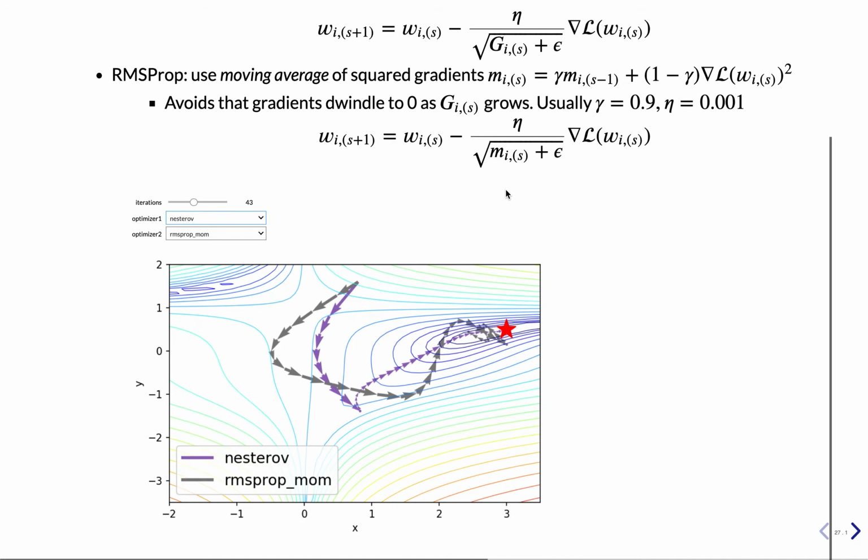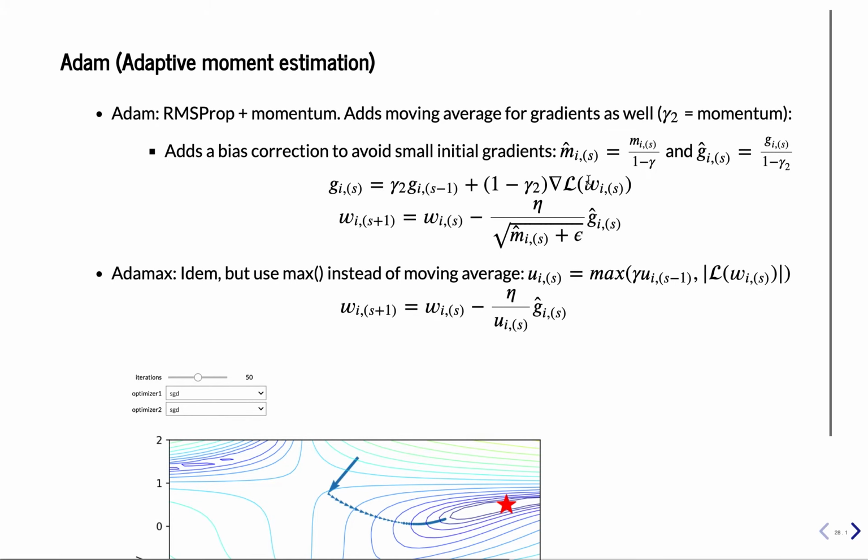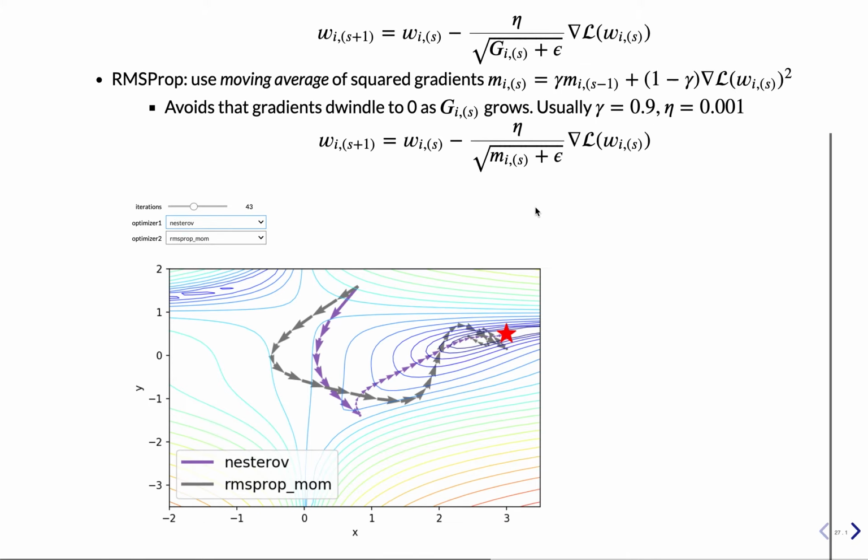What we do in Adam is exactly the same. So we replace the gradient by this new term g, which has this momentum parameter times the prior vector g plus 1 minus gamma_2 times the actual gradient. Right? So this basically adds this term weighted by gamma_2 in this case, and then adds it to the same formula we had for RMSprop.